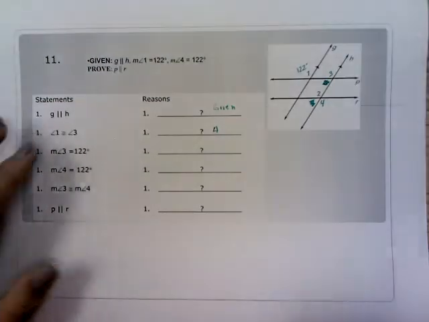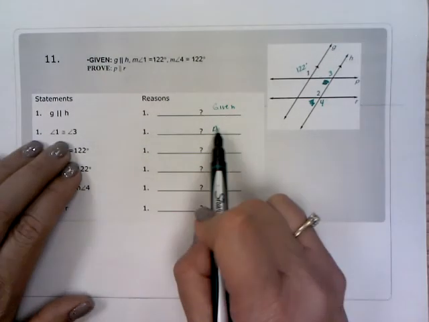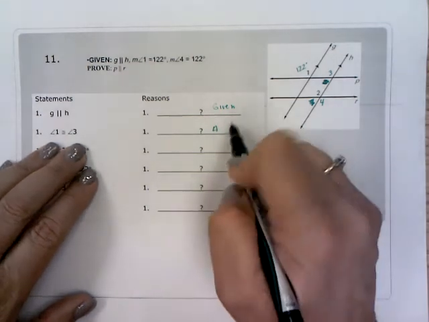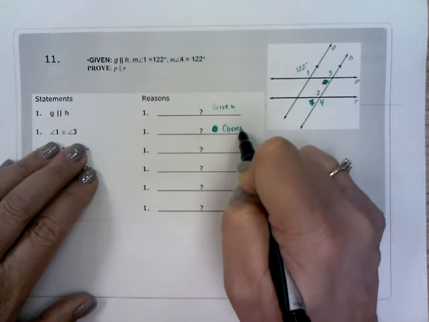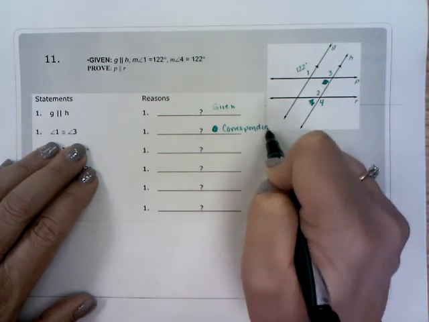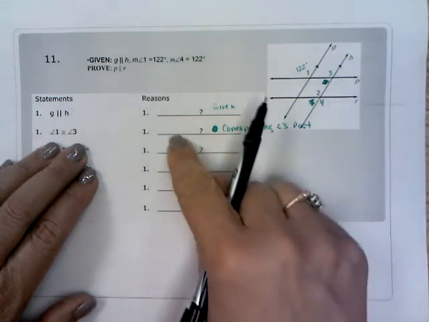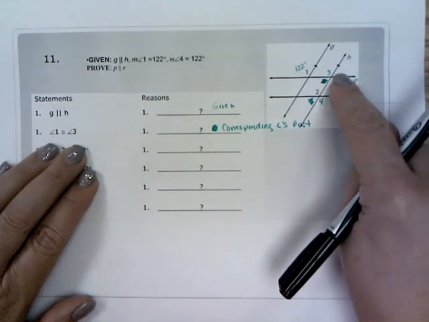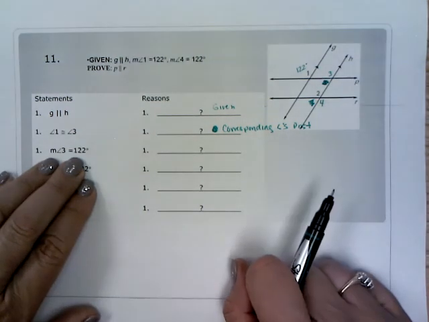Let's try that because it'll work, but it's not really what you want. Angle 1's congruent to angle 3 because, now that I renumbered everybody, they are corresponding angles. The postulate tells me that they are congruent because the lines are parallel. Then the measure of angle 3 is 122.